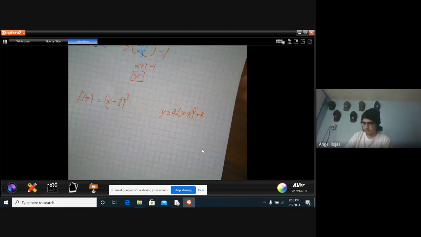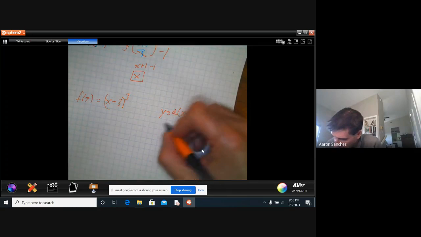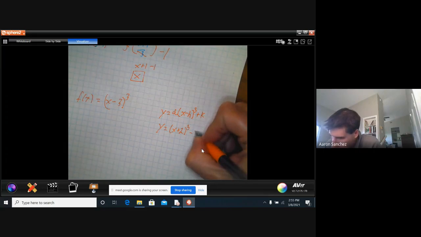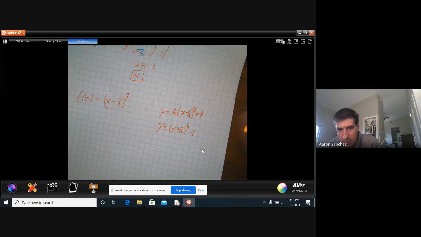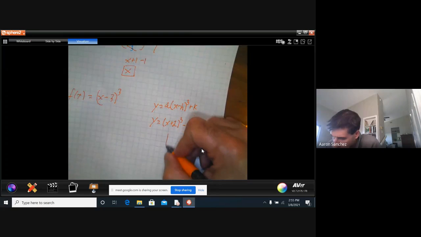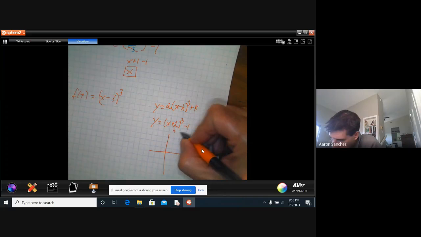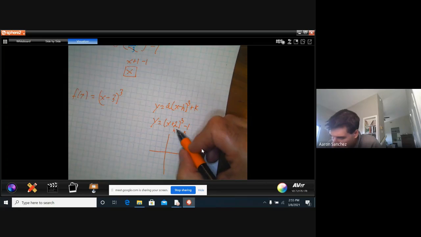If I had a function that looked like this, let's ignore the a for a second. y equals x plus 2 cubed minus 1. That means my vertex, my h and k, this is my h, the 2. Do you remember this or no?